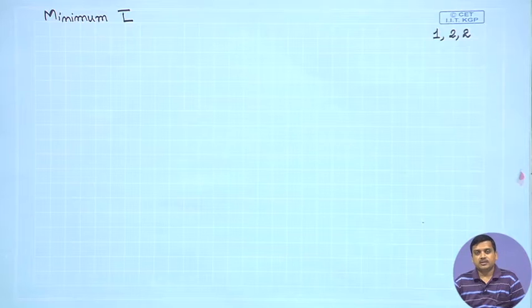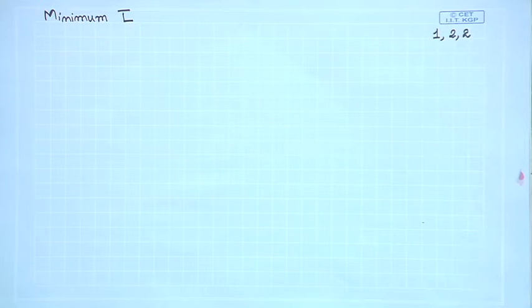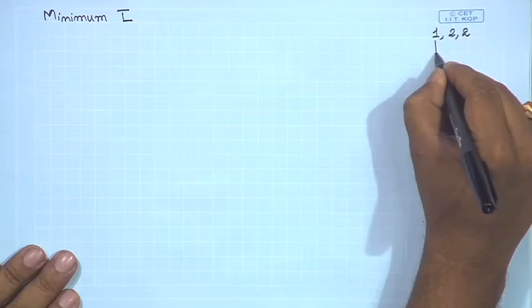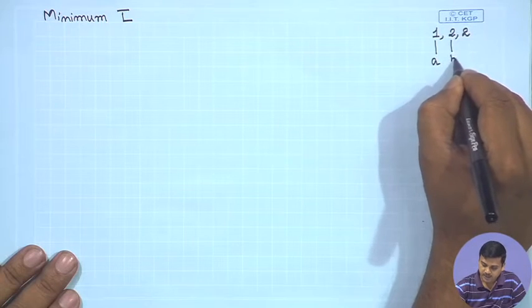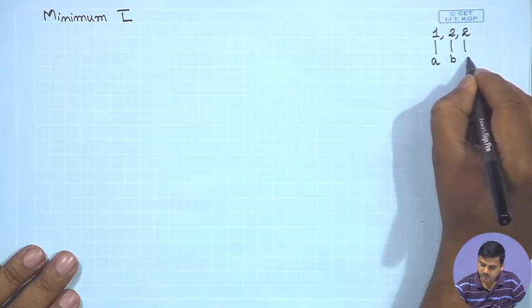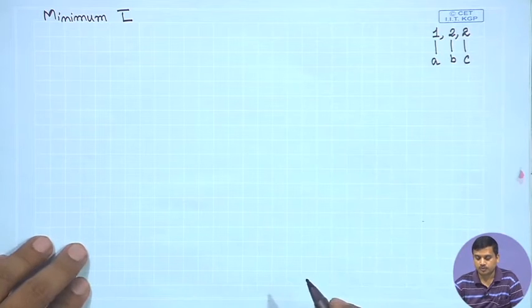If someone asks what is the average length of the code word, we will go back and say that length 1 was for A, B had a length of 2 and C had a length of 2.